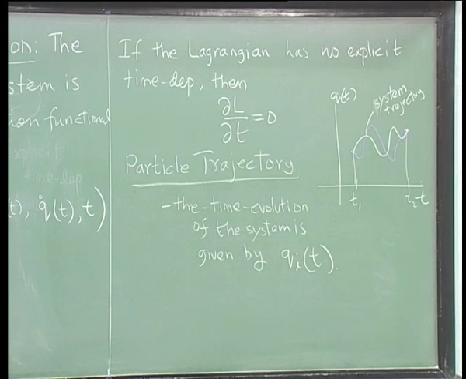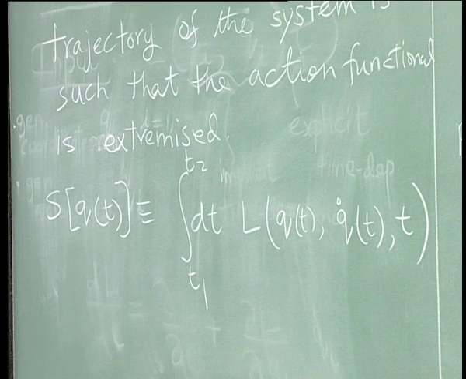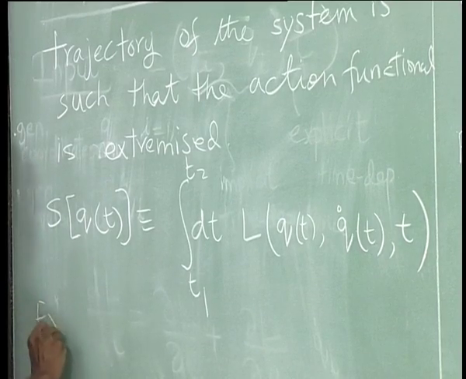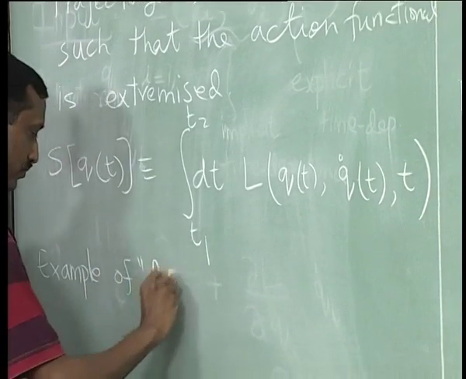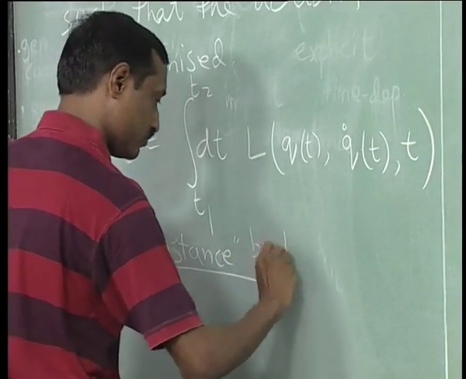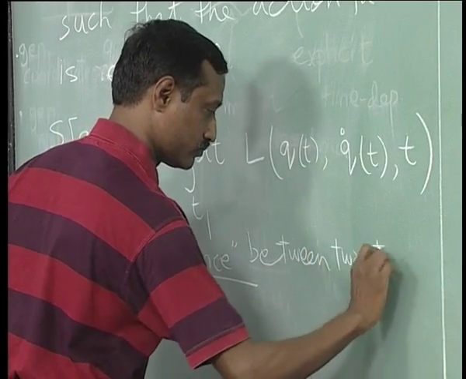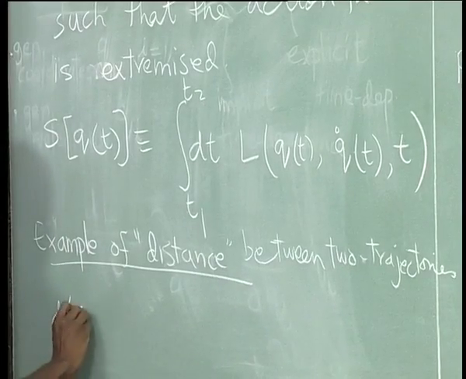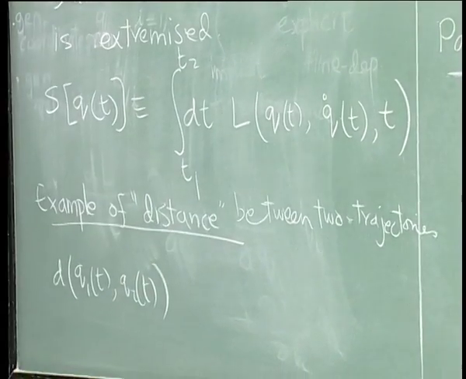These are questions to which I think the general answer is not known, but you can think of a distance by saying, let us consider an example of a distance of two trajectories. Let us say q1 of t and q2 of t are two trajectories which are nearby.